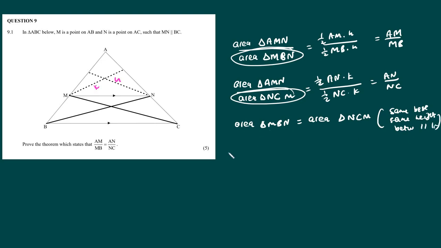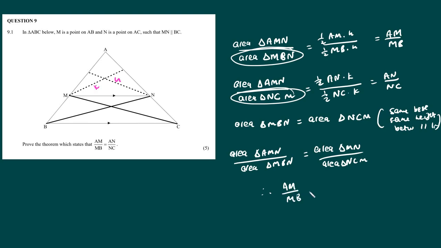And then you say, therefore it means the two fractions are equal over area of triangle MBN. Remember, I'm just moving fast because we did this already, guys. I'm hoping if I'm losing you somewhere, please do tell me. So this one would be area of triangle NCM, therefore AM over MB would be equal to AN over NC. 5 marks.